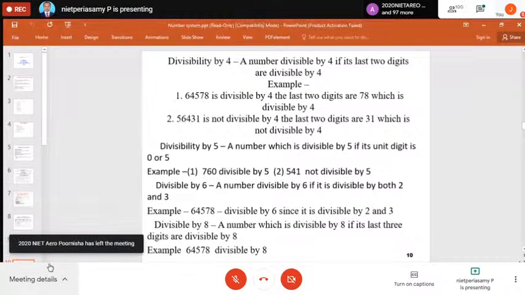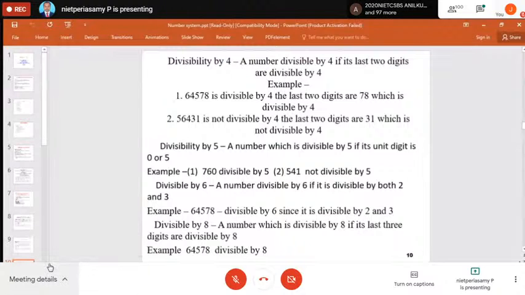Come to the second example, 541. In this numeral 541, the unit digit is 1. So as per the divisibility test for 5, we conclude that 541 is not divisible by 5. This is divisibility by 5.